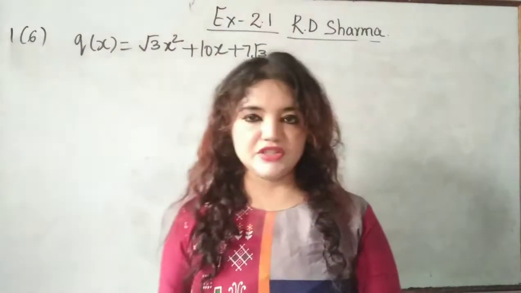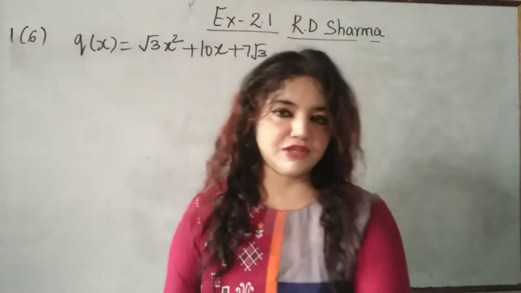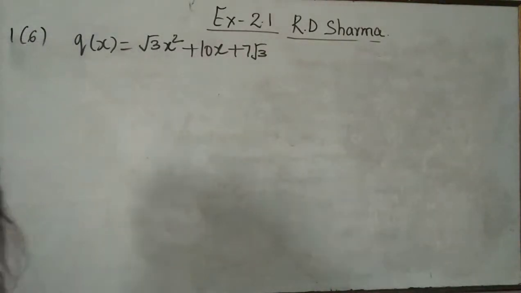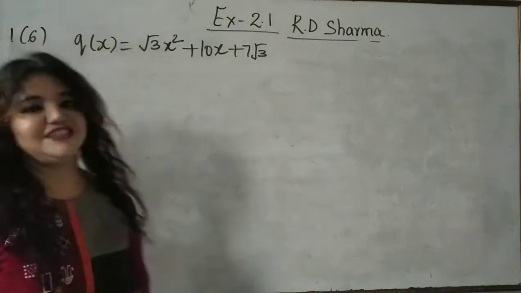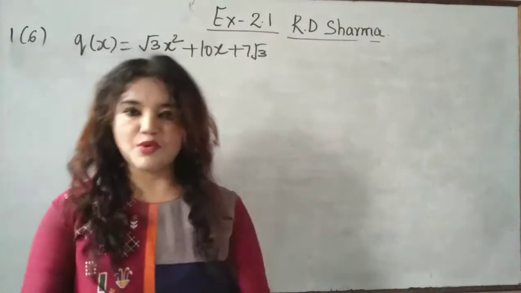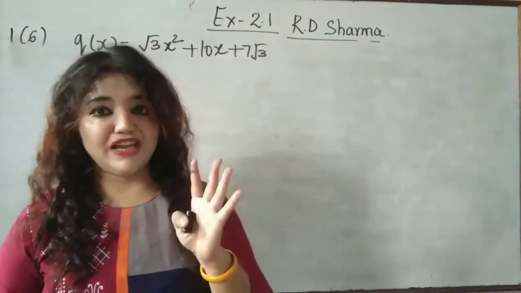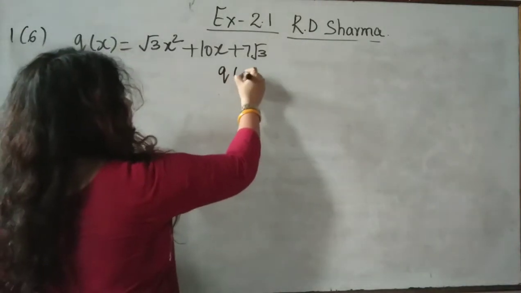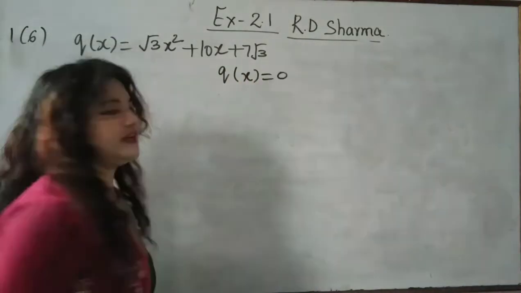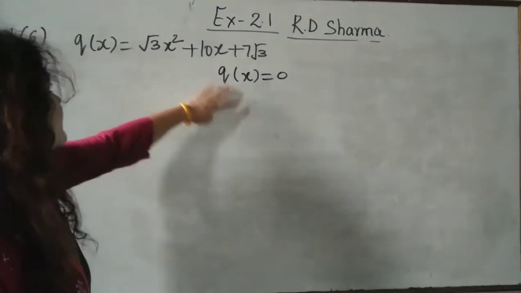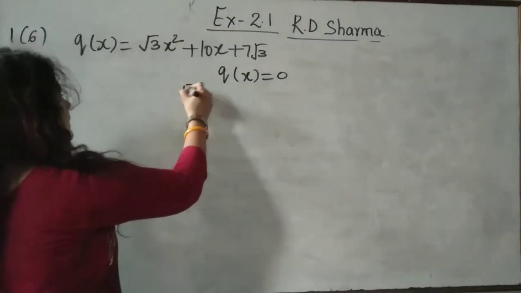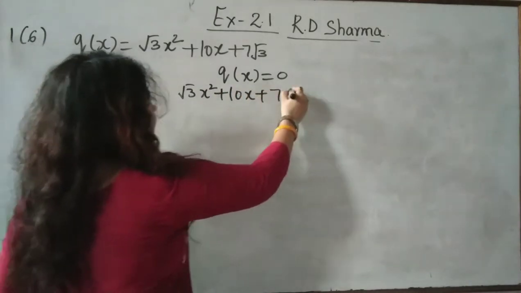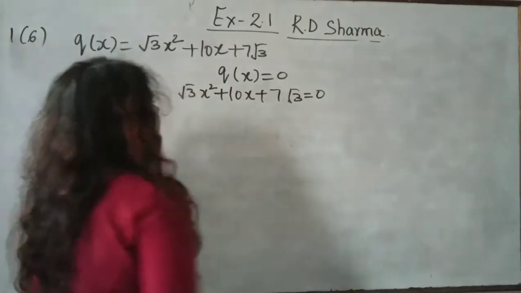We have to find the zeros, and we have to verify the relationship between its zeros and coefficients. So first we have to find the zeros. Finding zeros means we have to find out qx is equal to 0. So qx is equal to 0. We will solve this. And what is qx? Under root 3 x square plus 10x plus 7 root 3 is equal to 0.